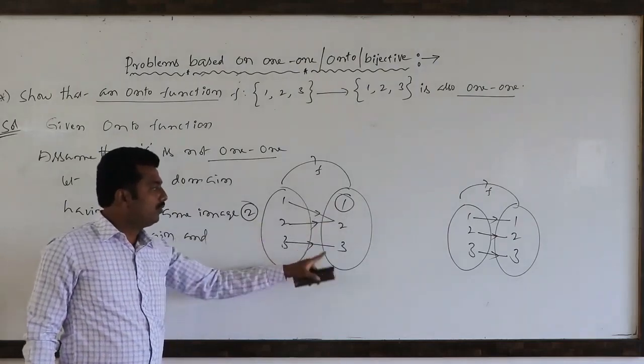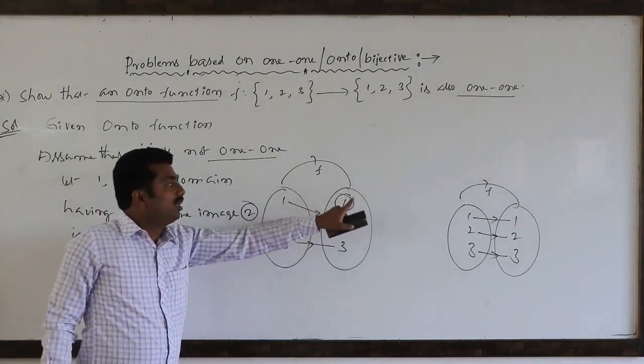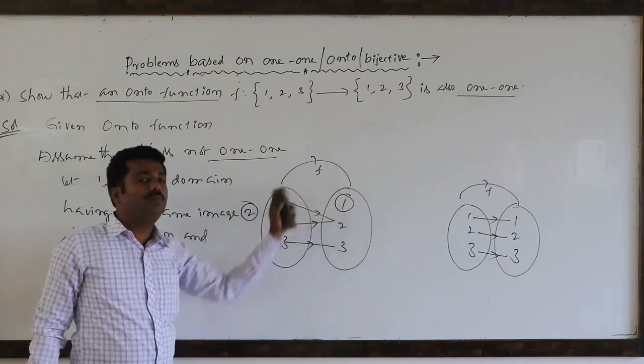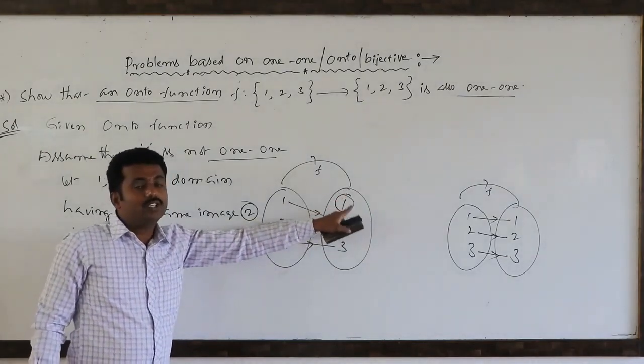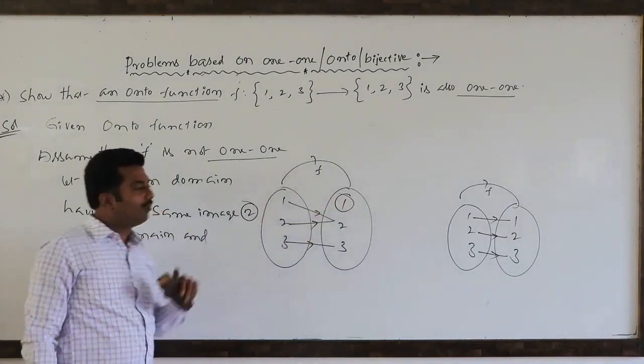So in this case, there exists one element in codomain which has no pre-image. There exists one element in codomain which is not the image of any element of domain.